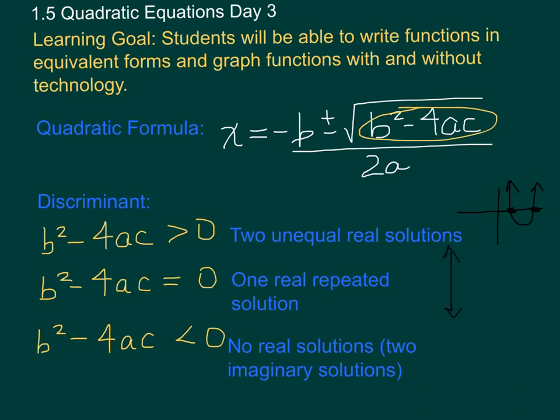And if you graphed it, it would have one x-intercept. And if your discriminant is negative, less than 0, it has no real solutions, which means it's two imaginary solutions, which means it has no x-intercepts. So it's either going to have 2, 1, or 0 x-intercepts.